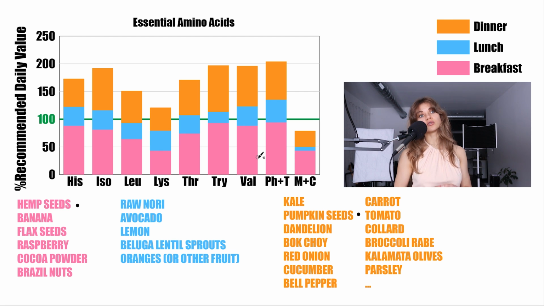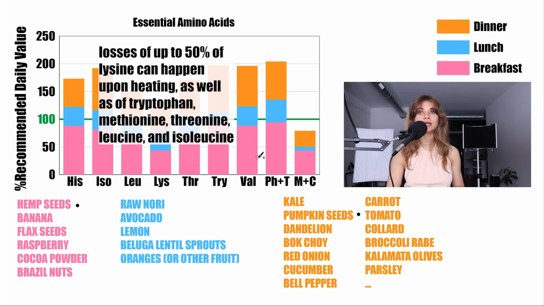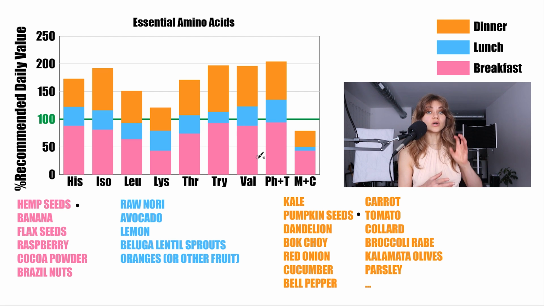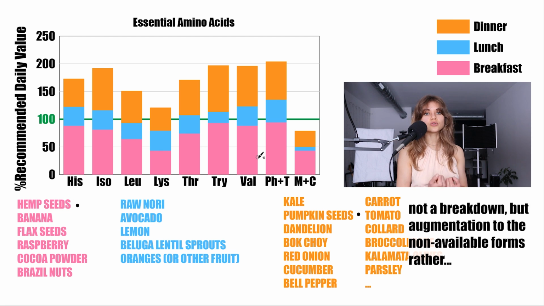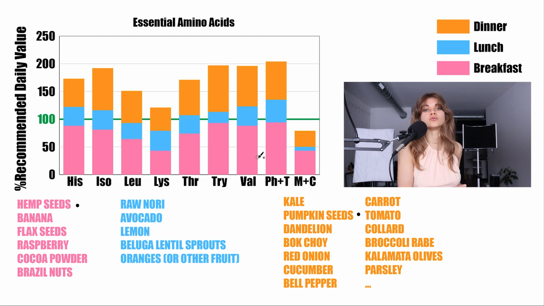Another important note is that some essential amino acids break down upon thermal treatment. It's not just protein coagulation. It's also the breakdown of amino acids, which we won't see with raw foods. Another thing, when we eat complex proteins, we need to spare lots of amino acids to produce the enzyme proteins to break down proteins, to break down the peptide chains.